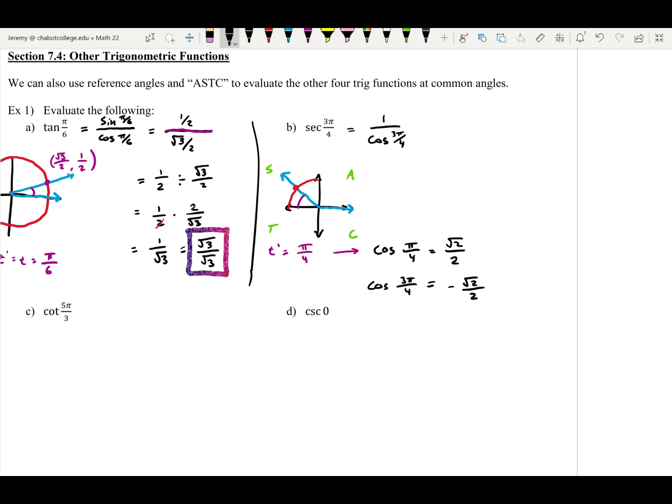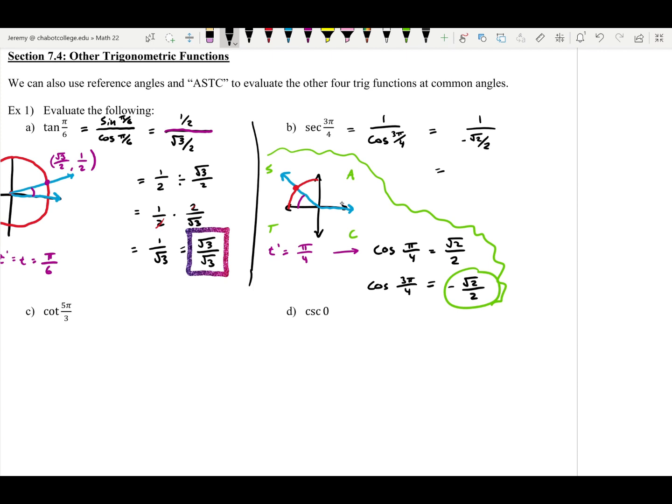All right, so all this stuff down here is kind of an aside. Now using this, I know that secant of 3 pi over 4 is going to be 1 over negative root 2 over 2.